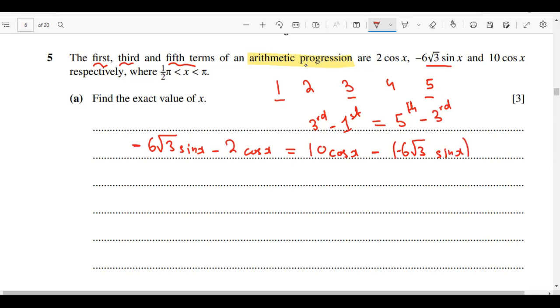All right, now please try simplifying this and tell me the value of x. You would be able to solve this. You can add cos terms with cos and sine with sine, and then you can make it tan. Okay, just find the value of x. I'll be waiting.